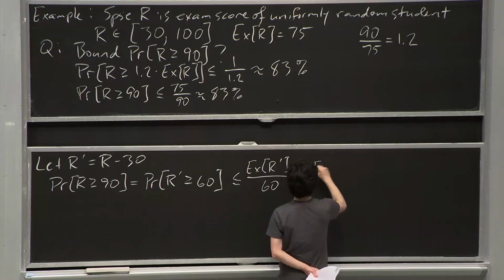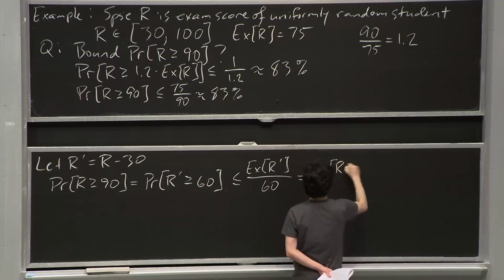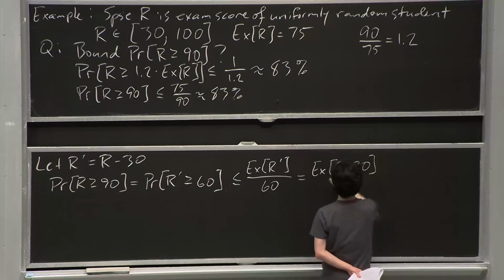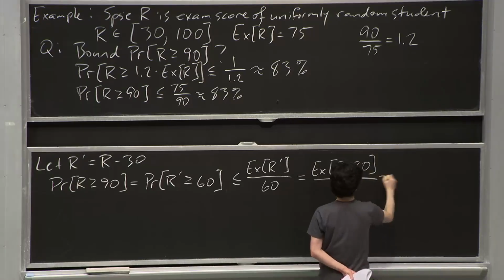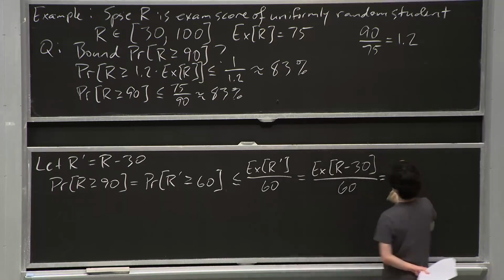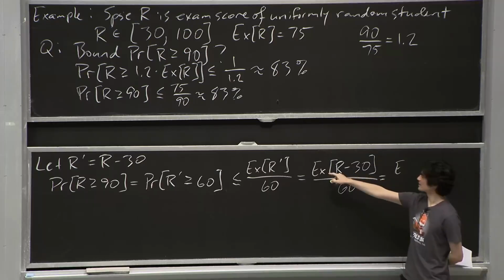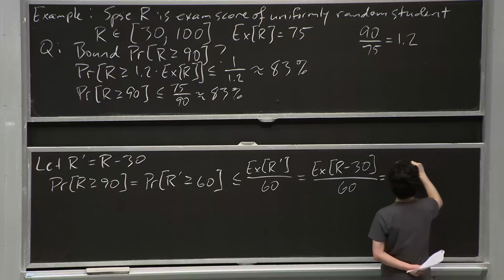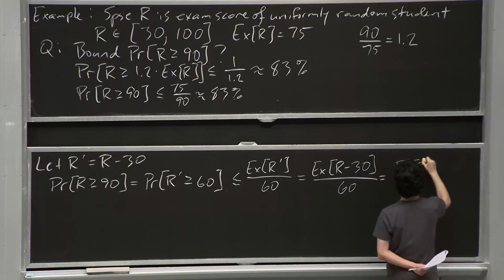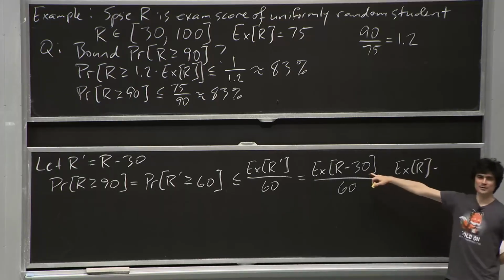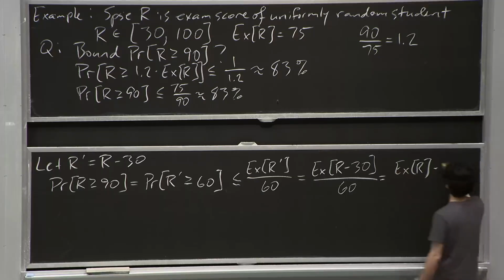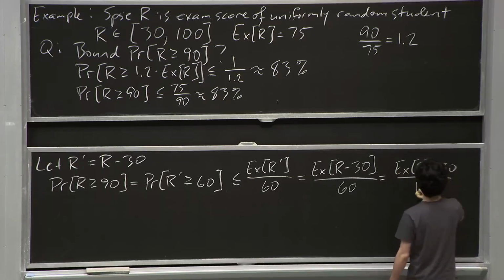So this is going to be the expectation of R minus 30, divided by 60. By linearity of expectation, we can split this into two expectations: the expectation of R minus the expectation of 30. There's not really any randomness involved there, it's just 30, over 60.